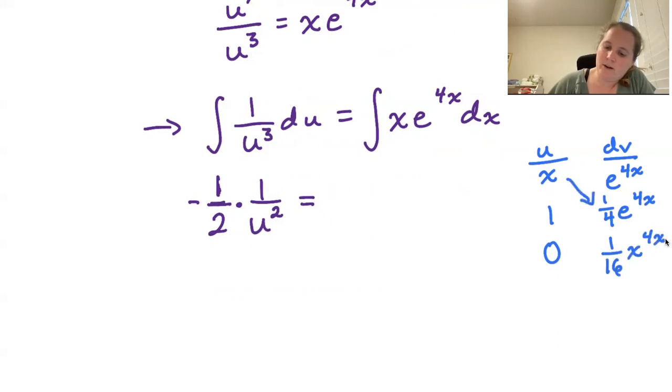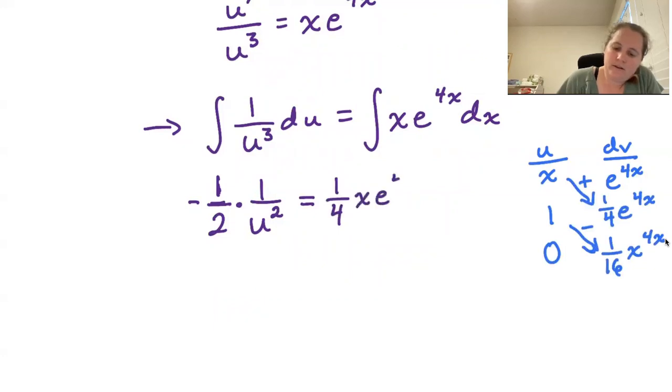We will add the product on the first diagonal, subtract the product on the second diagonal. So we are looking at 1/4 x e to the 4x, and then minus 1/16 e to the 4x.